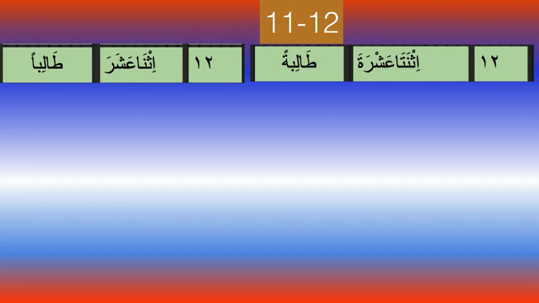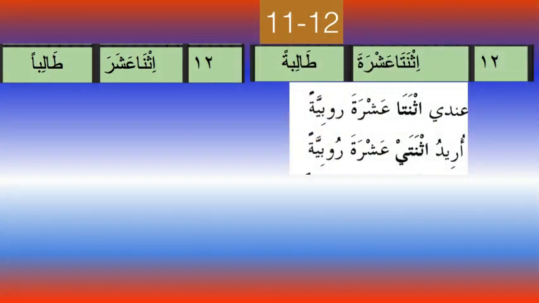So even though when we said 11 to 19 is mabni, the 12, because it's got a dual number, ithnatha or ithna, they will decline. Just for giving you example, so indi ithnatha ashrata rubiyatan, so I have 12 rupees. So if you see, ithnatha is marfu because the sign of alamatu raf'ihi al alifu li'annahu muthanna.